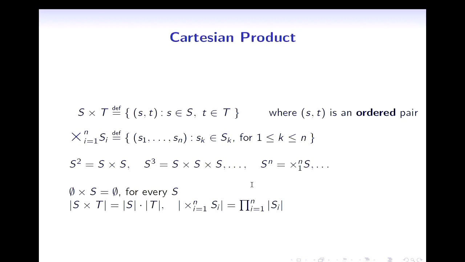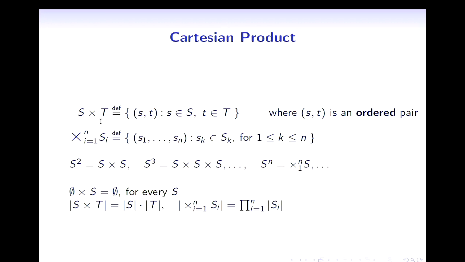Now, the last concept that I'm going to introduce in terms of operations with sets, we will use that later for several purposes, is the so-called Cartesian product, the notation for which uses this cross.